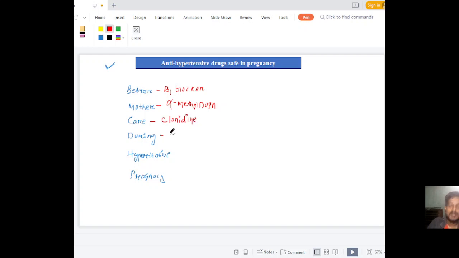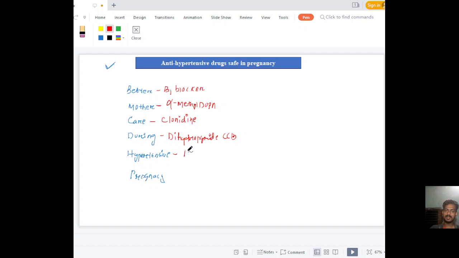Okay, then again D for dihydropyridine class of calcium channel blockers, that is your amlodipine, nicardipine class of drugs.